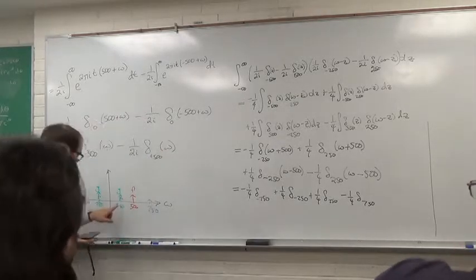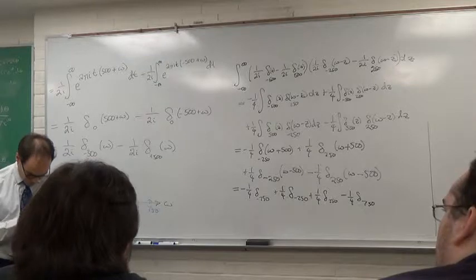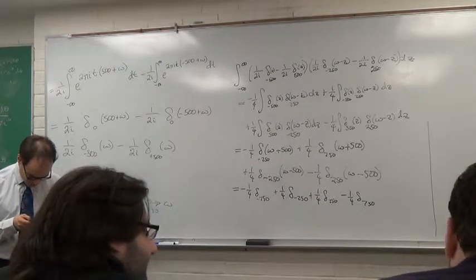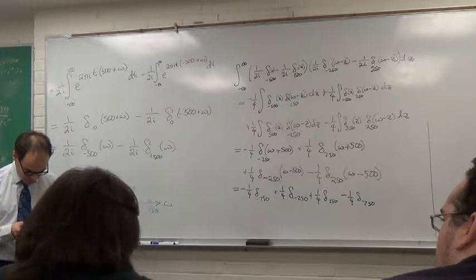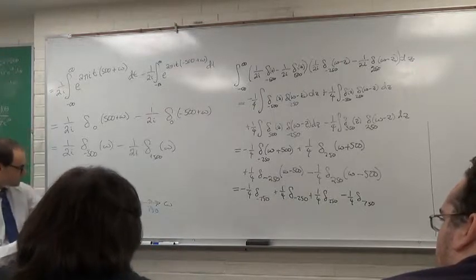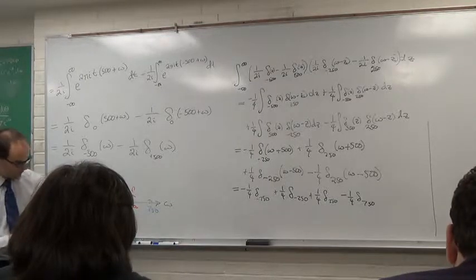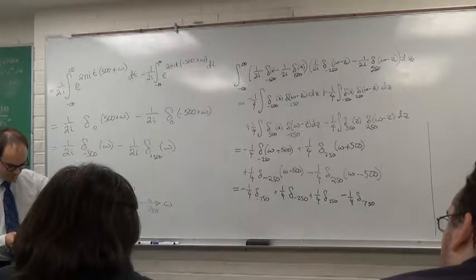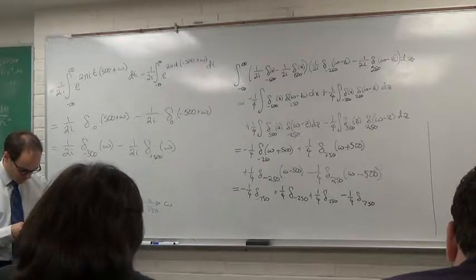This is the green guy, the G. Oh, that's not right. Okay. So that's this guy. Now let's do the 1000 hertz guy. Okay. And now let's do both of them together.